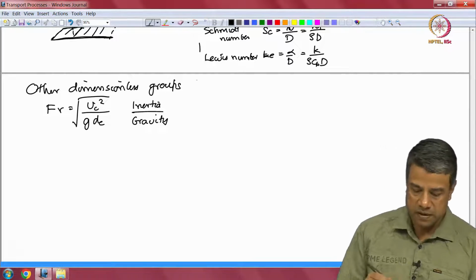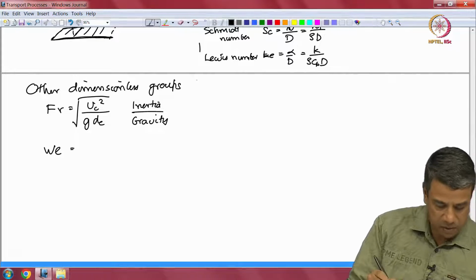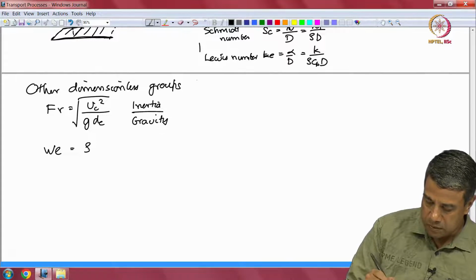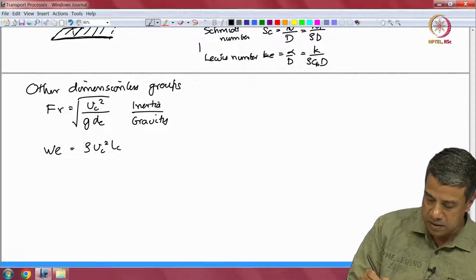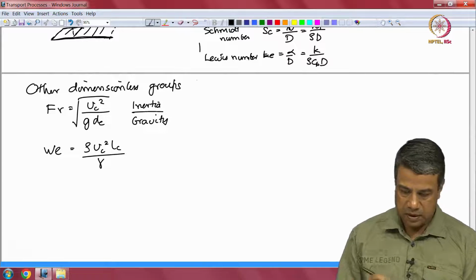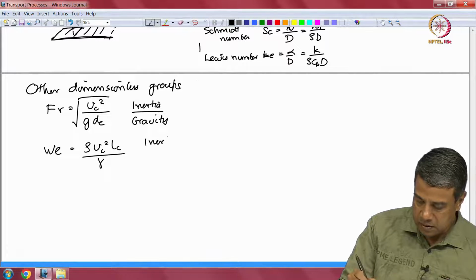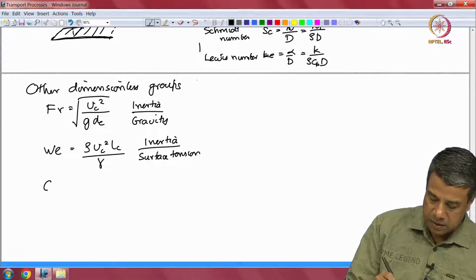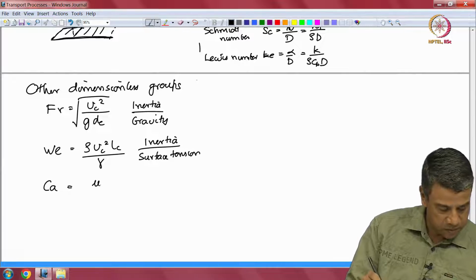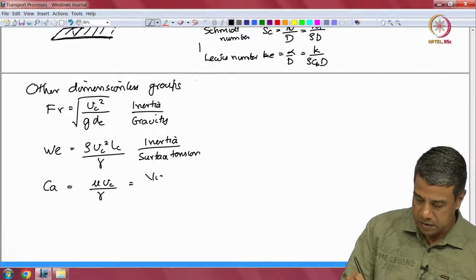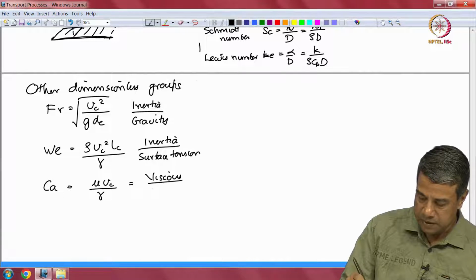Numbers that involve surface tension include the Weber number, which is equal to rho Vc square times the characteristic length divided by the surface tension gamma. This is basically inertia by surface tension. Or the capillary number, which is equal to mu Vc by surface tension, is equal to viscous by surface tension.